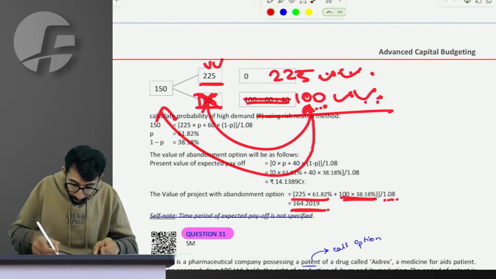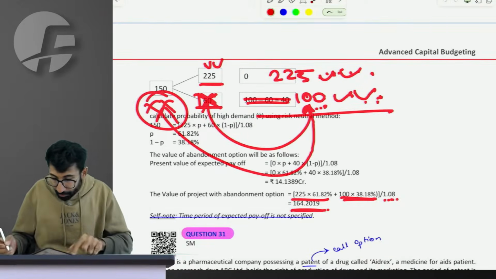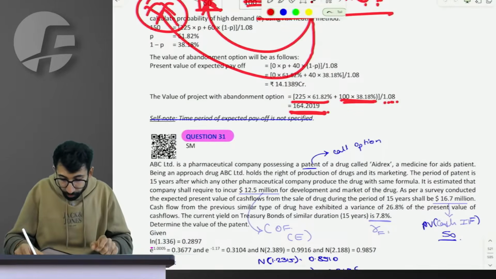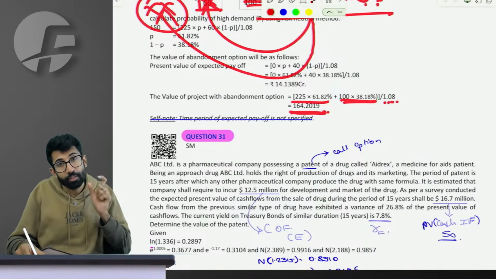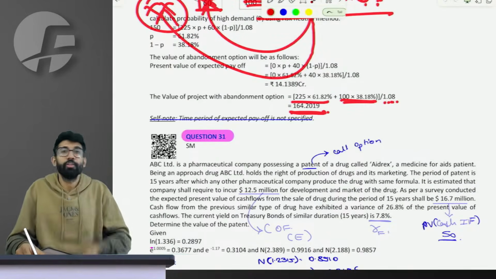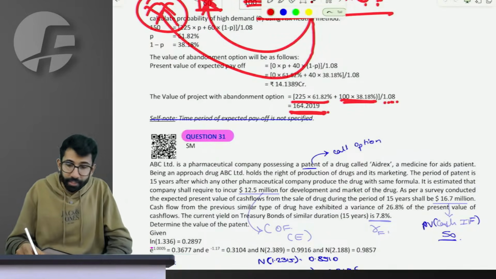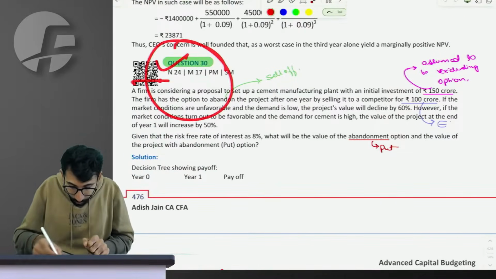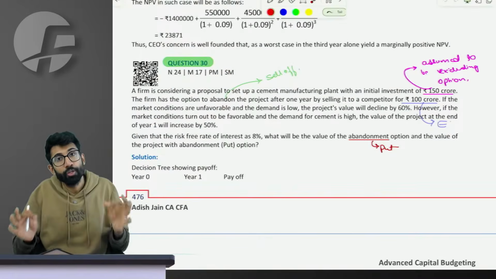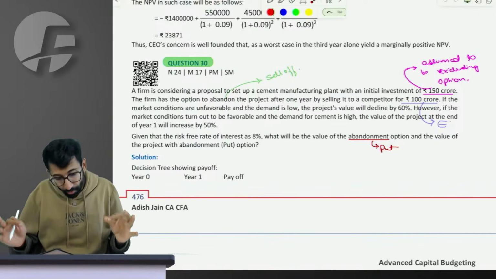So the present value of the future payoff becomes 164.1389 something, as the overall value of the project with the option included in it. I've explained both ways with clarity, how you calculate the value of put option using the risk neutral model.